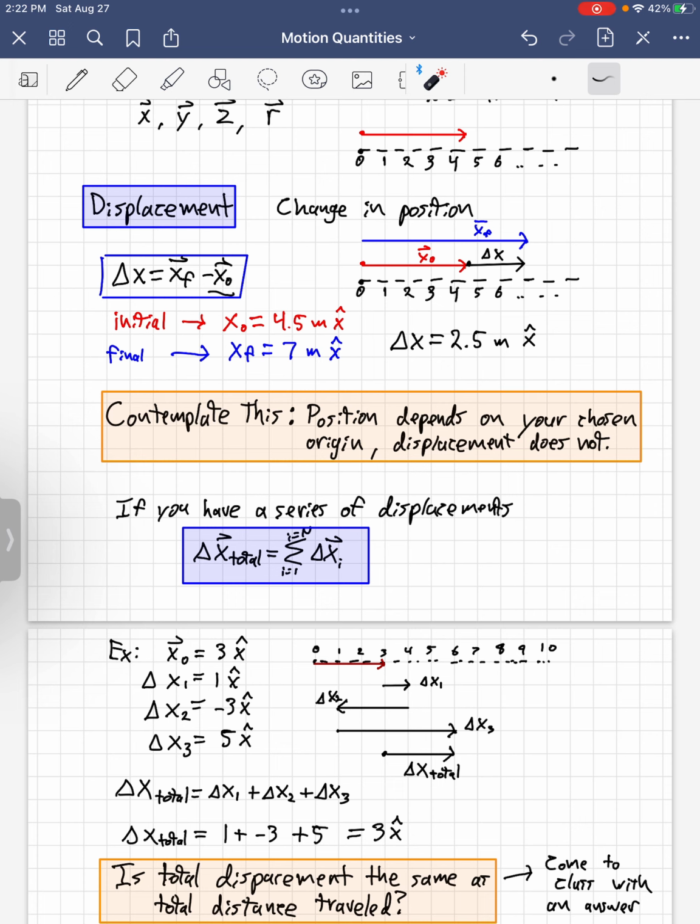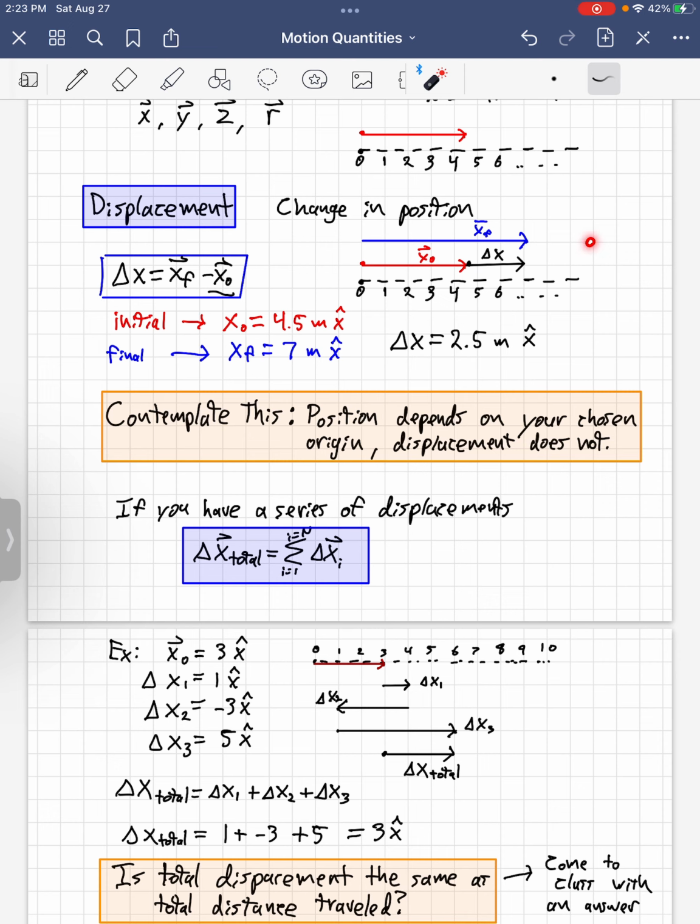So contemplate this idea that position depends on your chosen origin, but displacement does not. So, like we said, if this is xf right there, and this is x naught, we said our origin is here, and that would give us these positions, and subtracting them, we get this displacement.